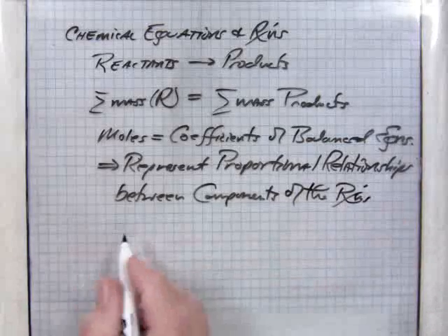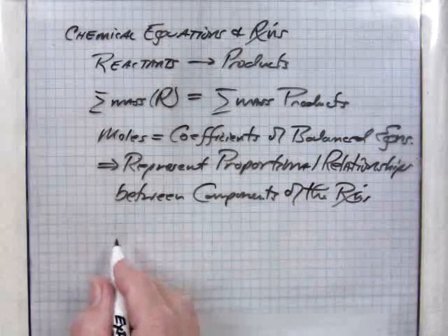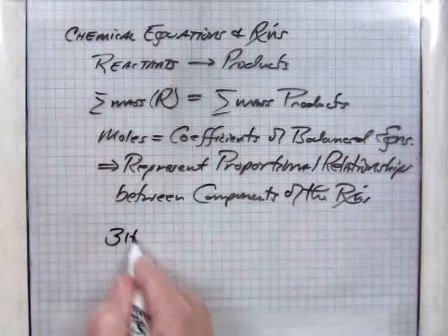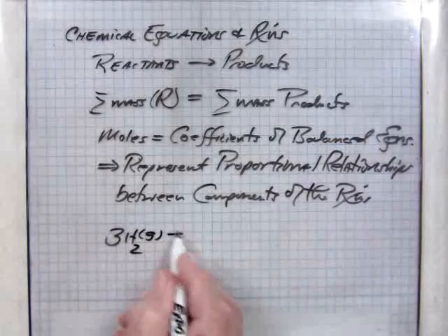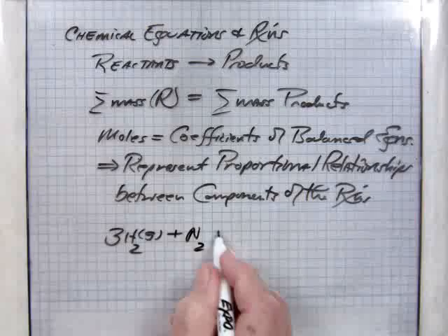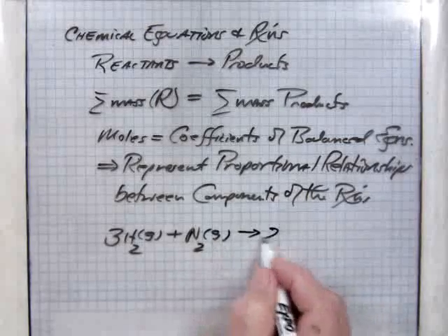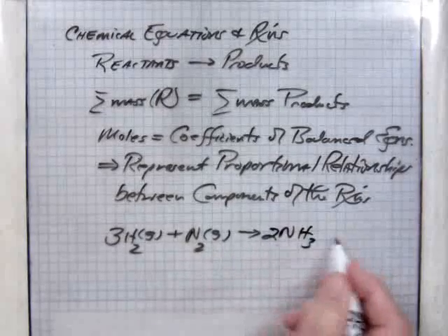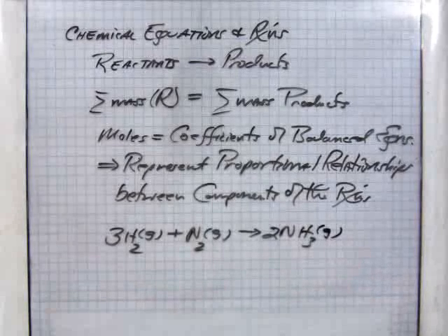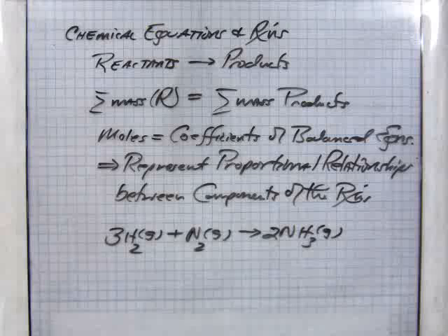For example, if we use a simple equation, 3H2 gas plus N2 gas goes to 2NH3 gas. Of course, it's balanced by the coefficients and subscripts relative to mass and charge for the substances given.